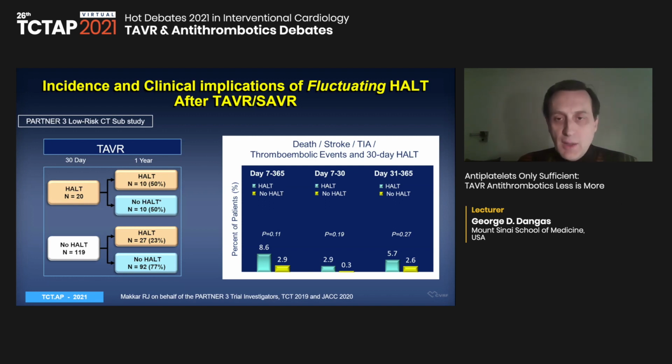By the first month, some people do have it, and by 1 year, maybe about a quarter have it, but those who have it at 1 month may not necessarily have it at 1 year, and those who have it at 1 year might have nothing at 1 month. So there is a fluctuation of this imaging phenomenon, which of course is not so closely related to strokes and TIAs as we originally thought or as we mostly feared.